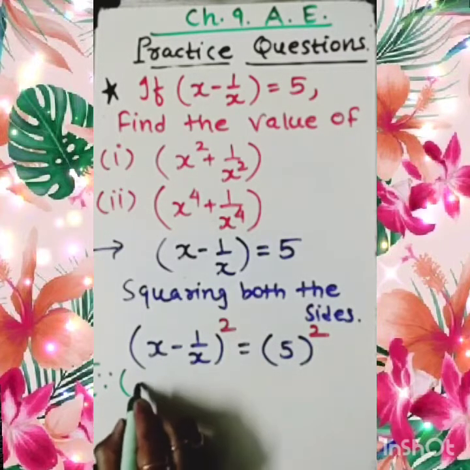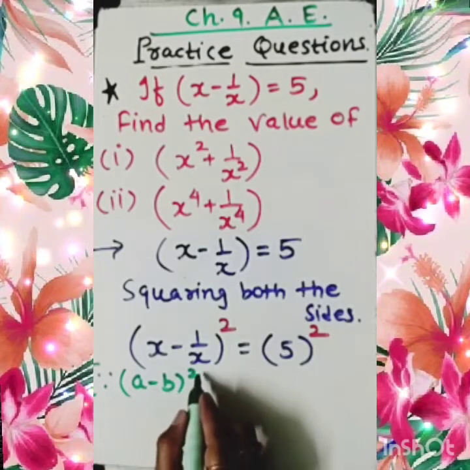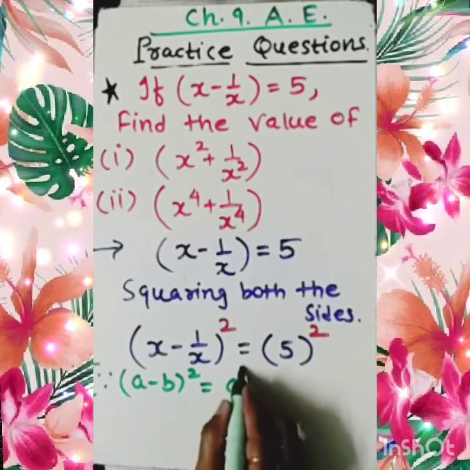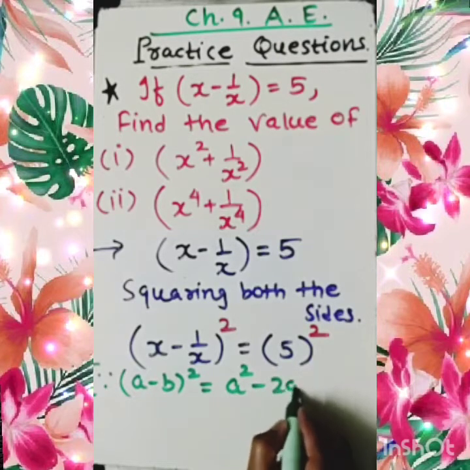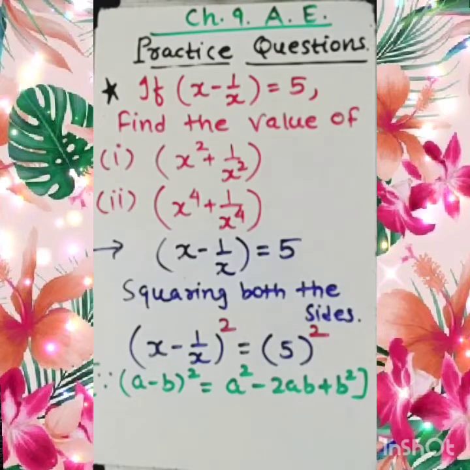So let me note down the second identity: (a minus b) whole square equal to a square minus 2ab plus b square. Now this identity, the second identity, we are going to apply for the LHS side. Therefore, the sign is compulsory to mention.